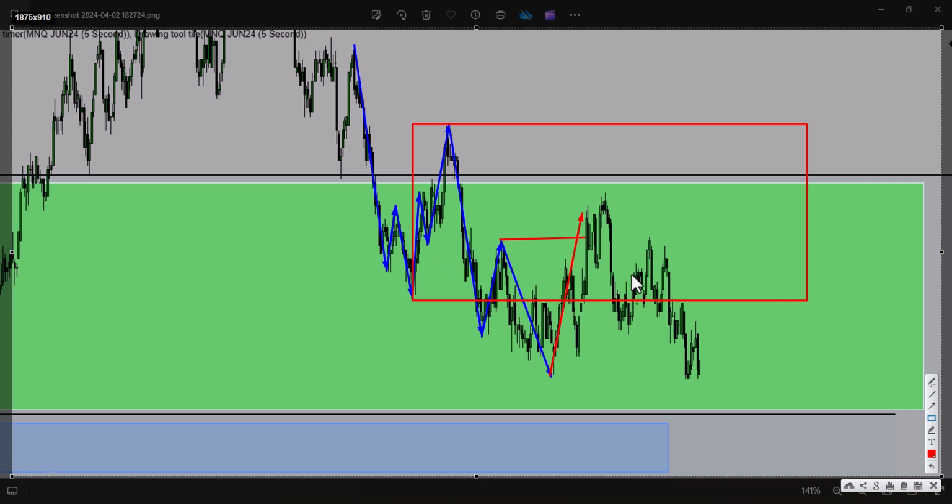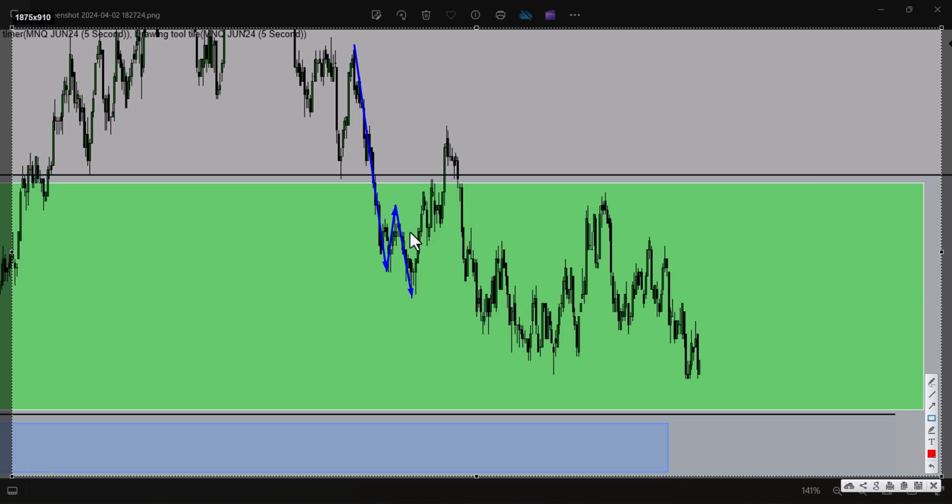The difference between this one and this one is that when price broke structure here, right? When price broke this important high, the zone was still unmitigated.